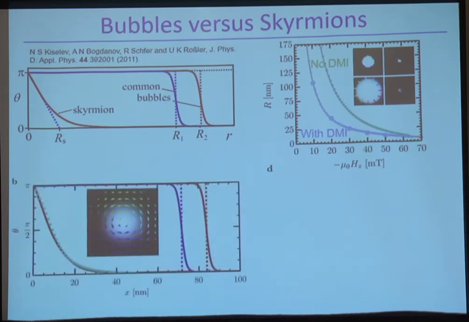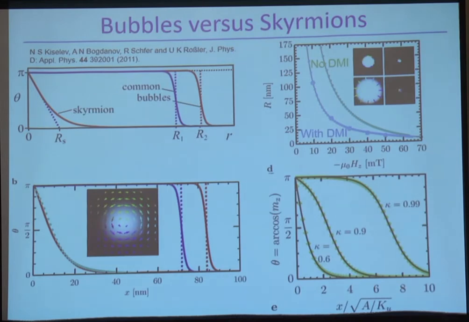And in fact, if you go back to this schematic that tells us what a skyrmion is versus a bubble, well, this is this magnetostatic skyrmion. DMI equals 0. This is something that could be achieved in a cobalt-based film. And if you plot the angle as a function of radius, it matches just on this. So if you saw that, you would call it a skyrmion, and then you'd be surprised to see there's no DMI.